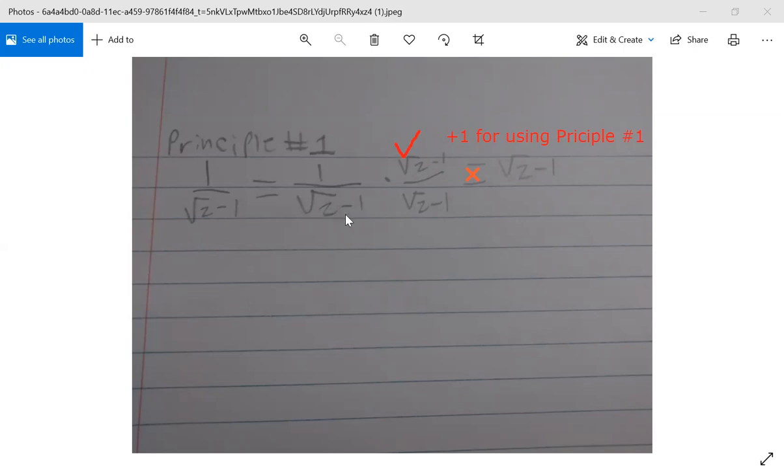He's telling me root 2 minus 1 squared is equal to 1. I certainly cannot agree with him. Do you agree with him? No.